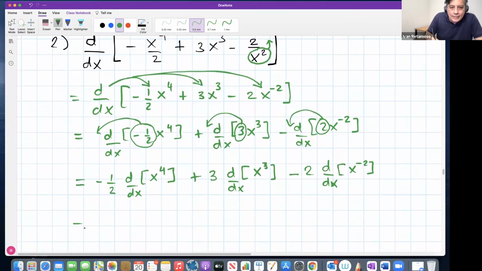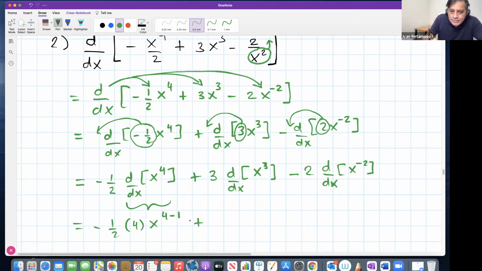Now, time to deal with this part, the derivative of x to the 4. The derivative of x to the 4 using the power rule will be this guy, 4 comes down up front, and what stays here is 1 less, right? 4 minus 1. Probably this will be the last time I will put this minus 1.